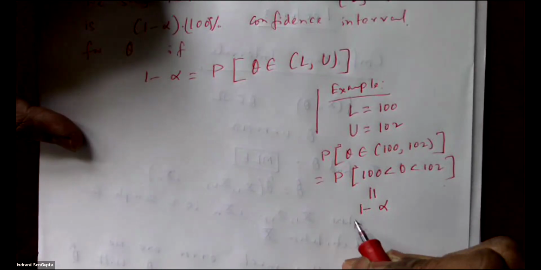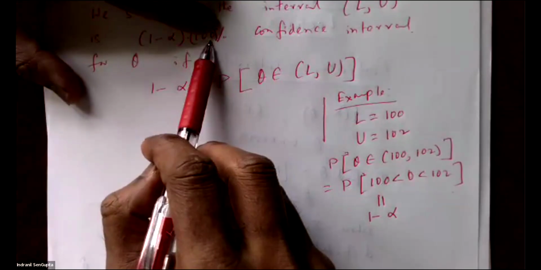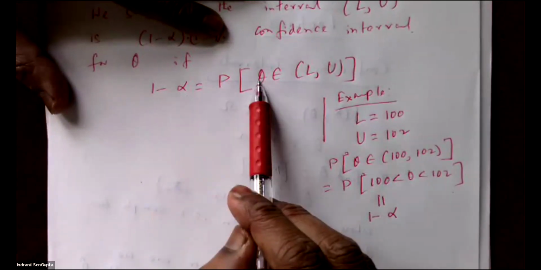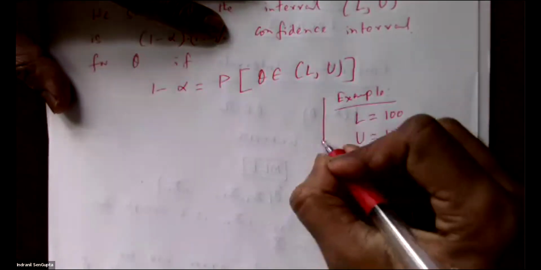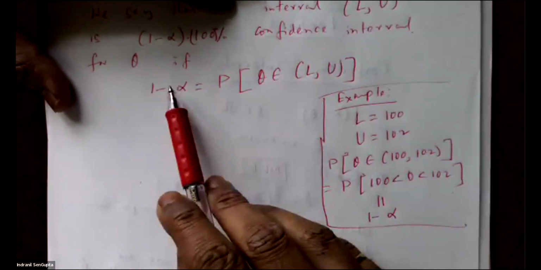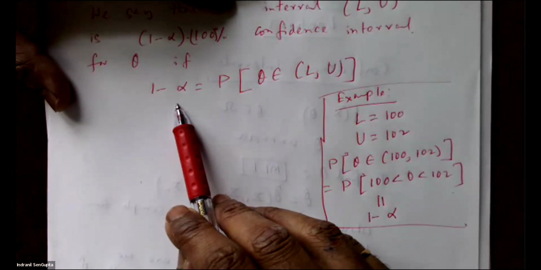That means with probability 1 minus alpha, forget about this 100%. It's just converting the probability into a percentage. It says that with probability 1 minus alpha, the value of theta is lying between L and U. So you see what we are trying to do. We would like to make this probability high. The higher this probability, the better for us, right?